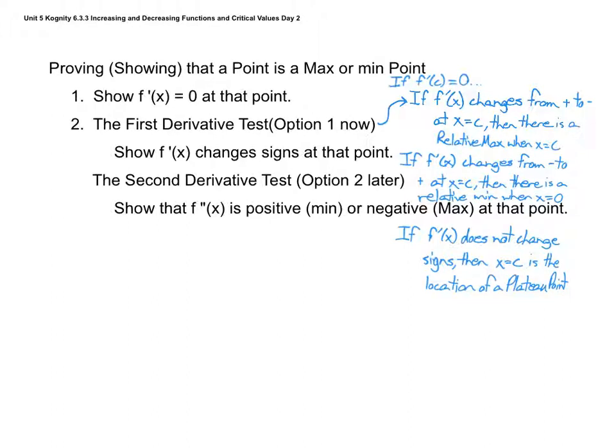All right, so you can tell what we did there with the sign diagram and then identifying max and min points. It was really just logical. I mean, it made sense. If it's positive, we're increasing, and then it's negative, so we're decreasing. In between there, we had to peak and get a max. If it's undefined, that's where we have either a hole or an asymptote. That's something where the derivative is undefined.